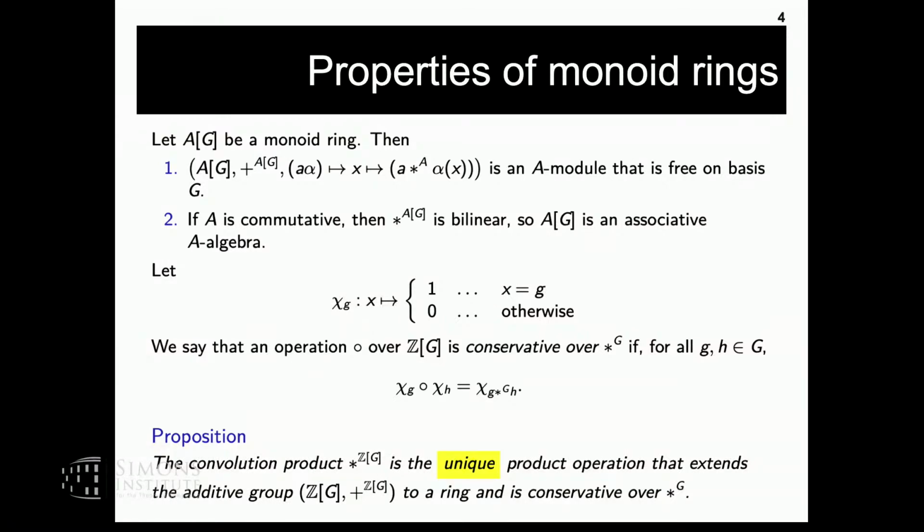I already showed you one, but I want to kind of justify it. So let's not constrain it yet. Let's say what multiplication function could I build? And let's just assume that I want to look at those that satisfy this property, that the product in my monoid ring of the characteristic functions of g and h is the characteristic function of g times h in the monoid. Okay. Yeah.